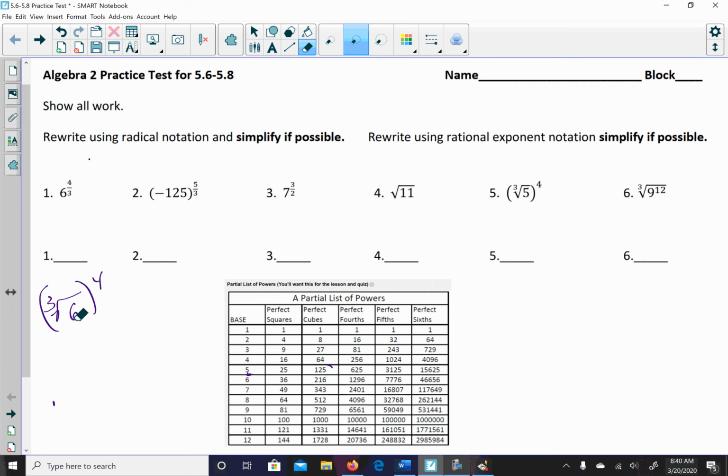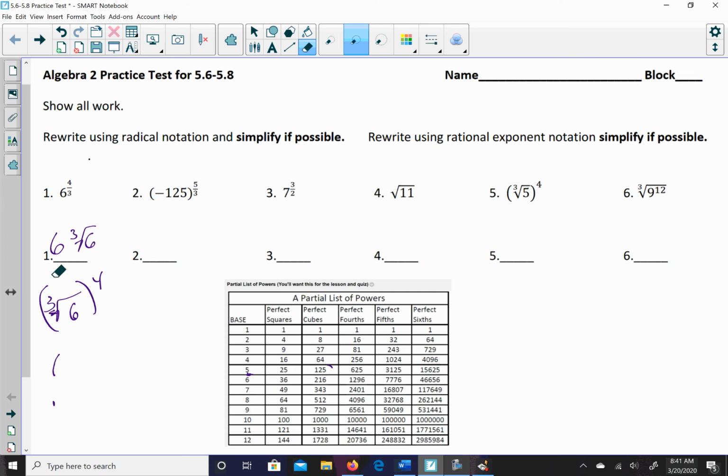So I cannot simplify that, but I can simplify the fact that this index is less than the power. 3 will go into 4 one time, so I can bring one 6 outside. And then I'll have 1 left over, which means one 6 stays inside. And that will be my final answer, 6 times the cube root of 6.